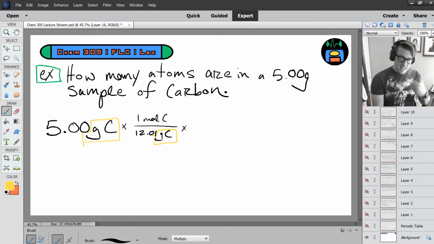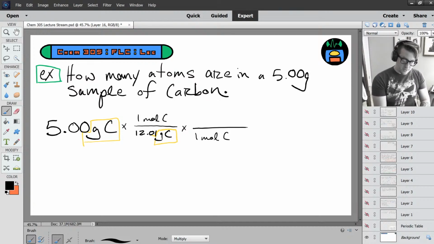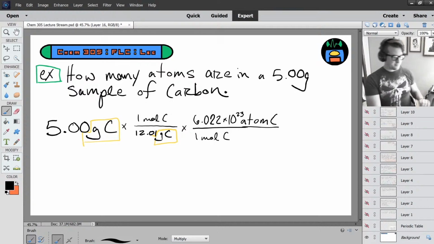And then we can use Avogadro's number to convert from moles of carbon to atoms, because 1 mole is just 6.022 times 10 to the 23rd things, and those things can be anything. In this problem, it's atoms of carbon.